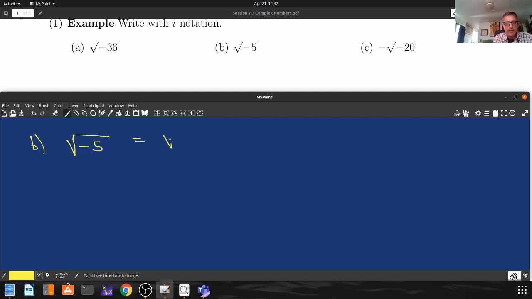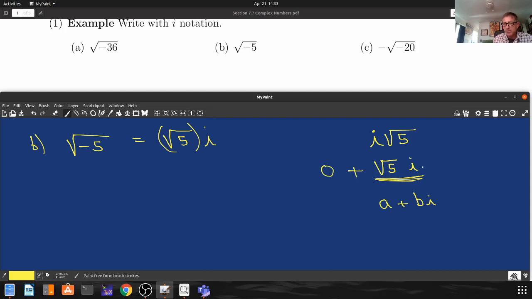But by what I just said, it's the square root of 5 times I. Sometimes you will see that written as I times the square root of 5, and sometimes as the square root of 5 times I. I prefer this because when we look at A plus BI, B is a real number. So the square root of 5 times I is 0 plus the square root of 5 times I.